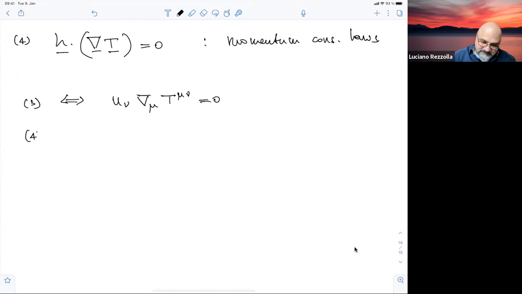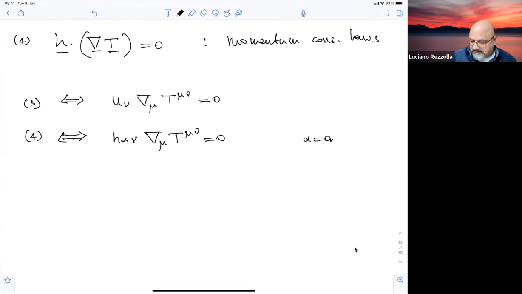And 4, if you want to see this in component notation, this will be h^α_ν ∇_μ T^μν = 0. Note that h is a purely spatial tensor, so you just have 3 components available. So this is one equation, and these are 3 equations.